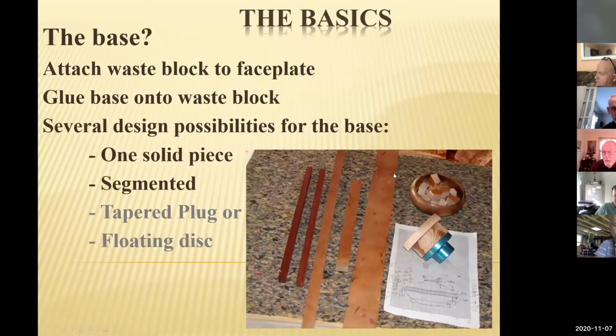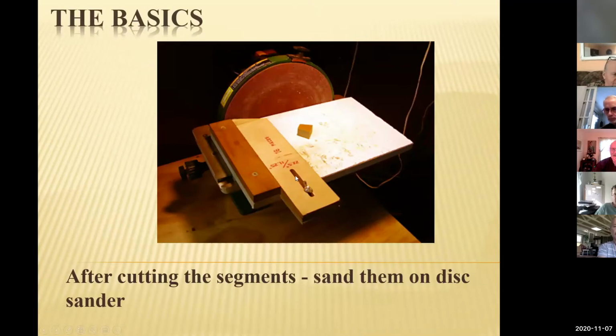Okay, now once I have cut, for example, these pieces were cut from a strip about this size. I have 16 pieces. I usually take them over then to my disc sander and just very gently sand the 2 faces, the mitered faces that I've cut.